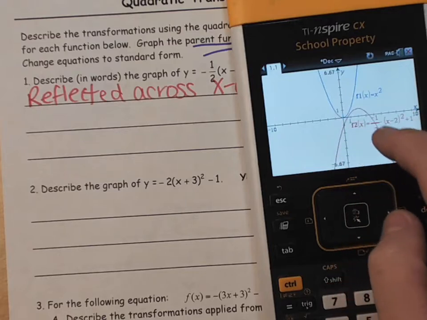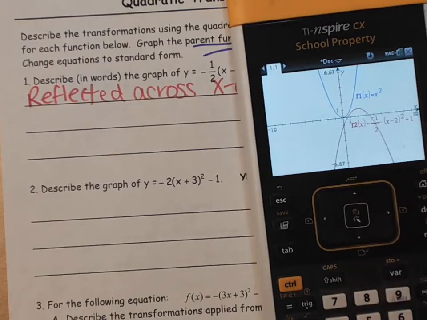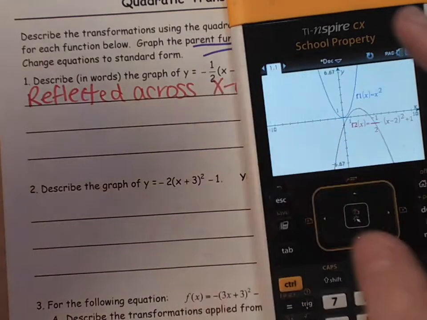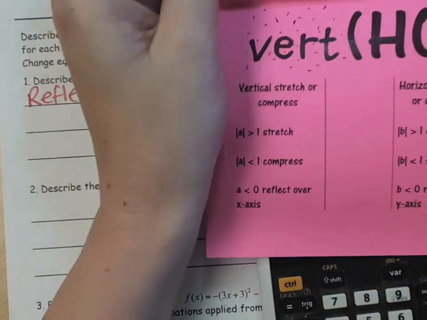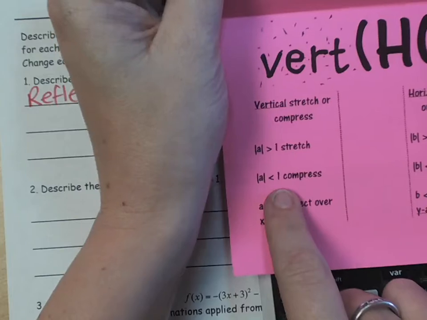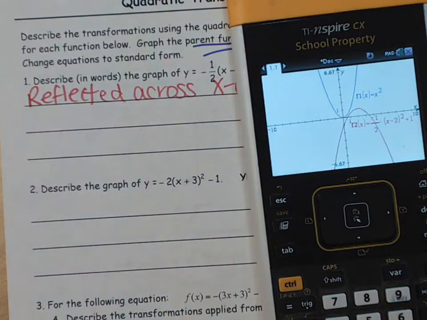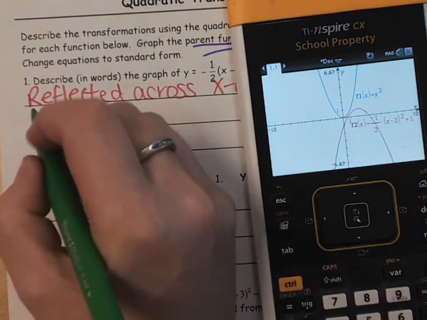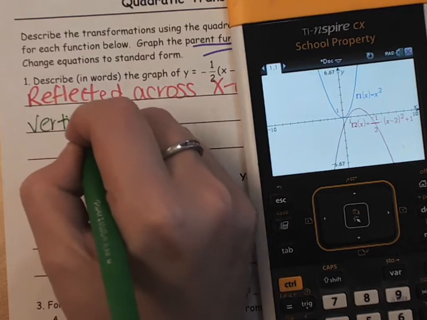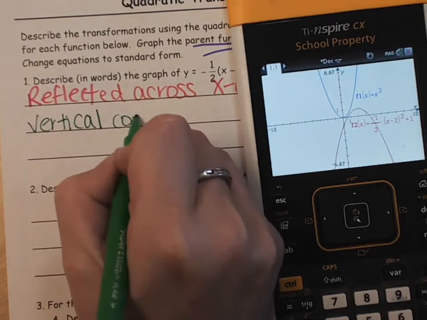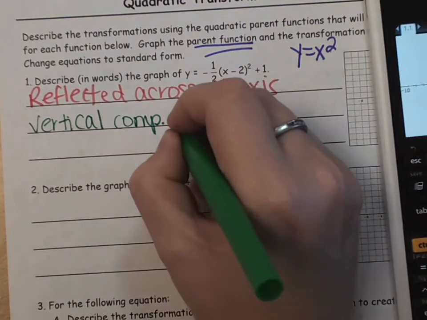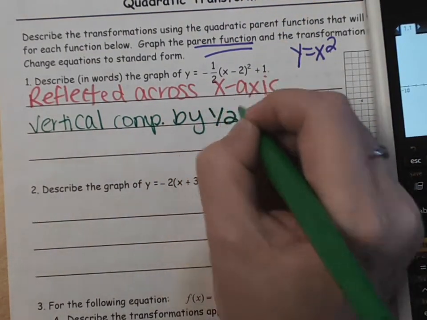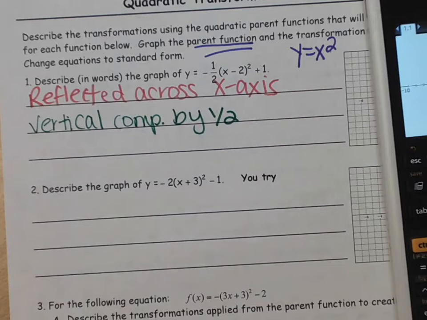This one is wider. Well, when we do wider, it's outside. That is a compression. So it's a vertical compression by 1/2. The negative tells me the flip. The negative doesn't tell me the compression or not.